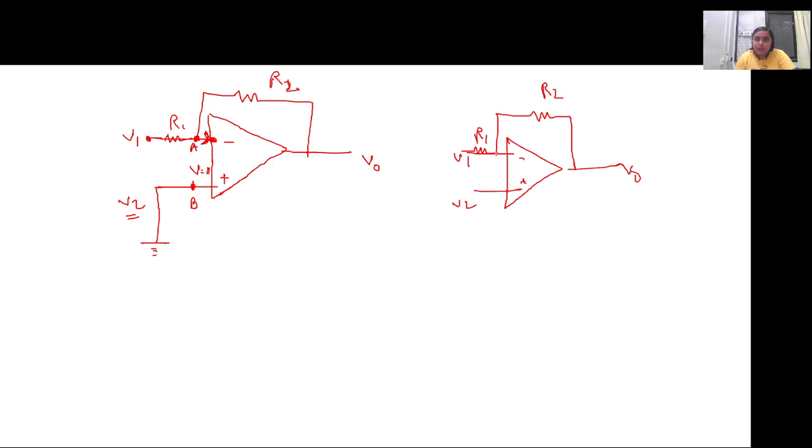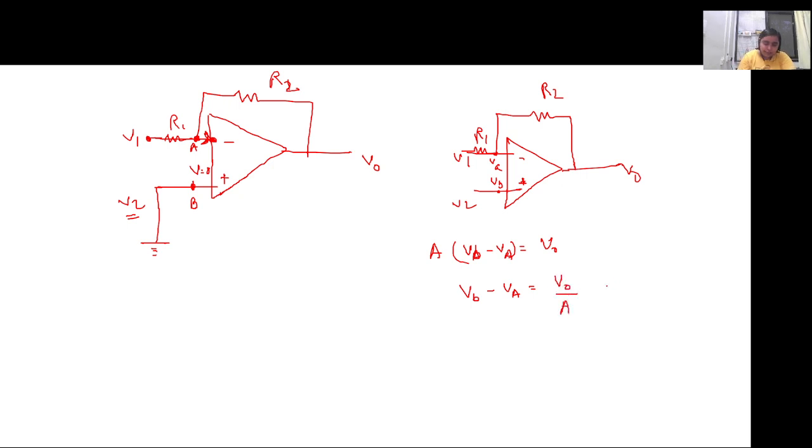So suppose there was a certain voltage VA and a certain voltage VB connected. If this is a non-ideal case, then VB minus VA times whatever the gain of the circuit is will be equal to V0. That is, VB minus VA is equal to V0 by A.